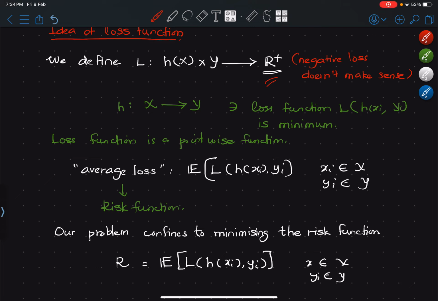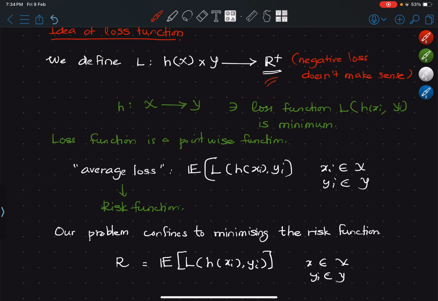Because we are in the deterministic setting, going back to the word distribution doesn't make much sense. So we have to take something known as an average loss, which is the basic idea. When we have n data points, the obvious way of extending it to all the points is to take the average of the loss function.